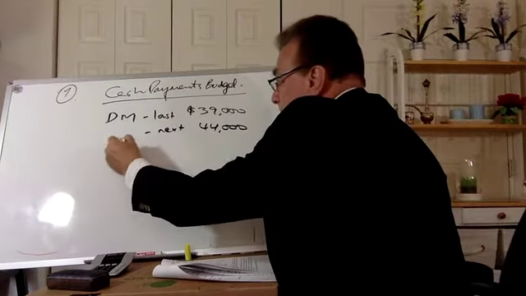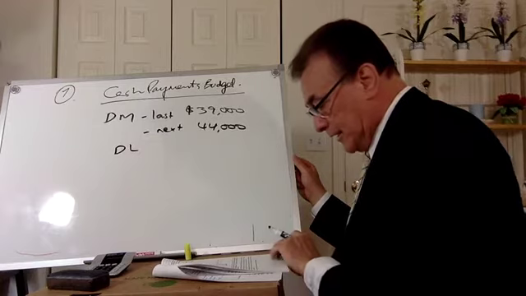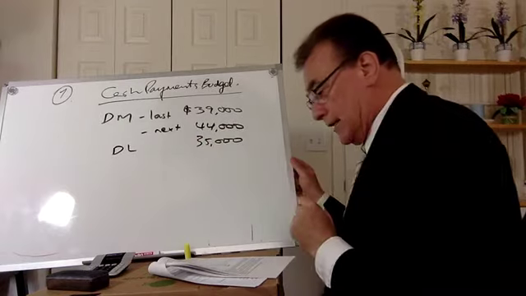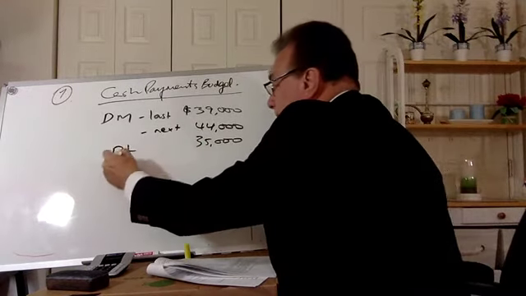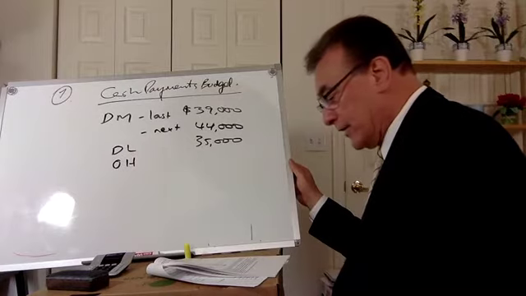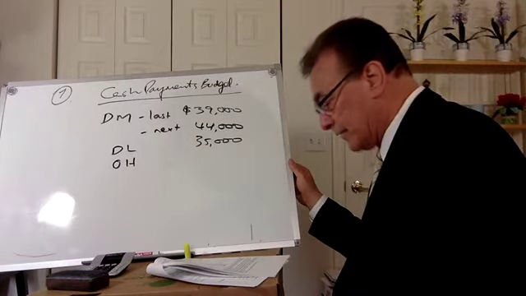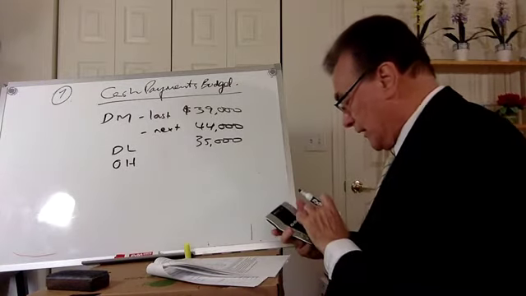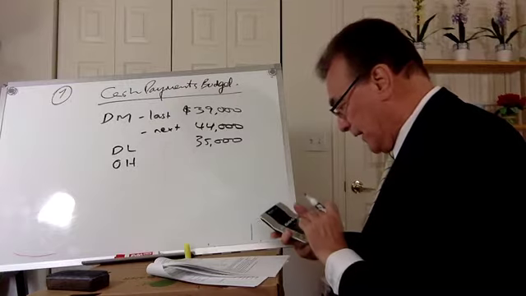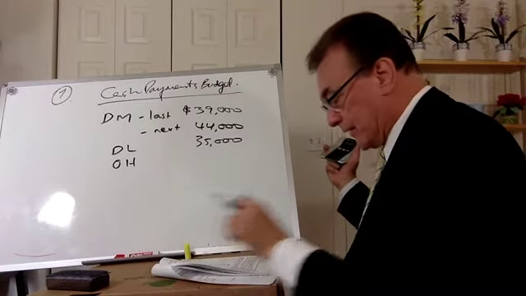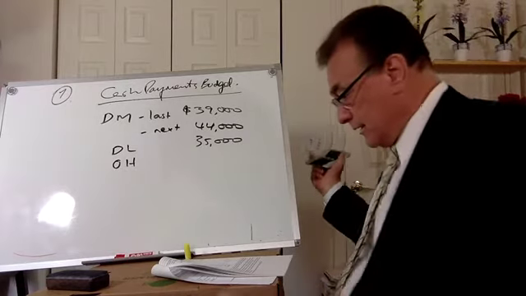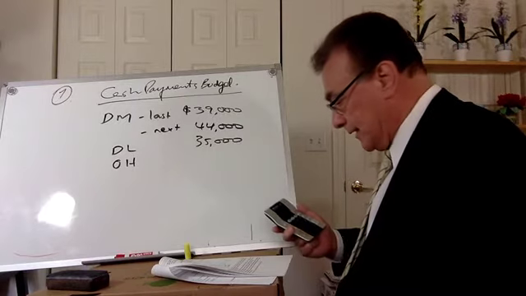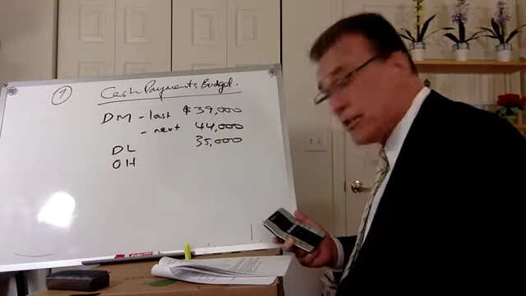Cash payments for direct labour. They tell us the direct labour is budgeted to be $35,000. Put that in. Then the cash payments for overhead. Okay, and they tell us in the information, overhead's estimated to be 150% of the direct labour cost. So if you take your $35,000, multiply it by 1.5, that gives you the overhead in total, $52,500, but $10,000 of that is the depreciation on the plant and equipment.